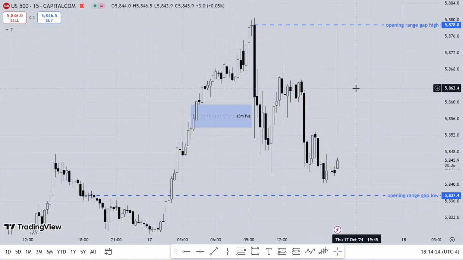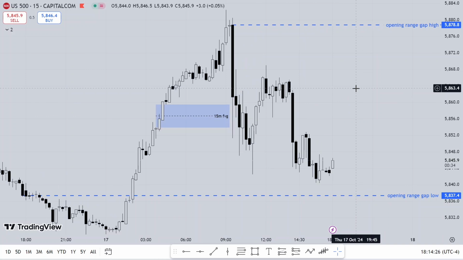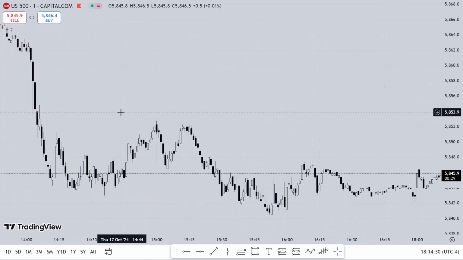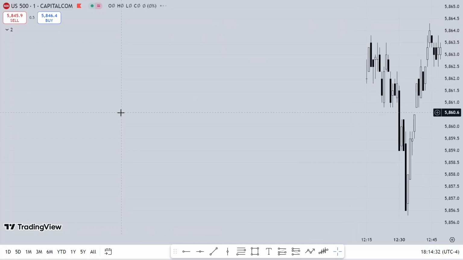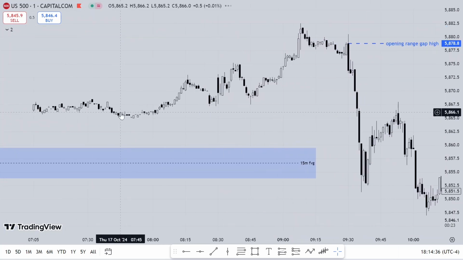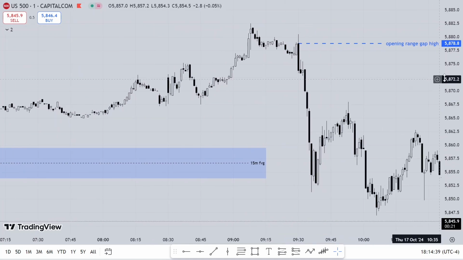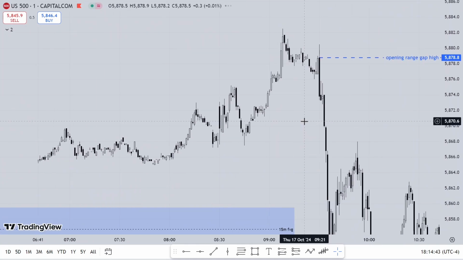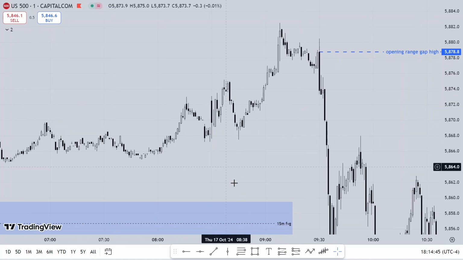From the 15 minutes, we'll just drop lower to the 1-minute time frame to do the annotations. On the 1-minute time frame, we had these relative equal lows here, which was sell side liquidity.